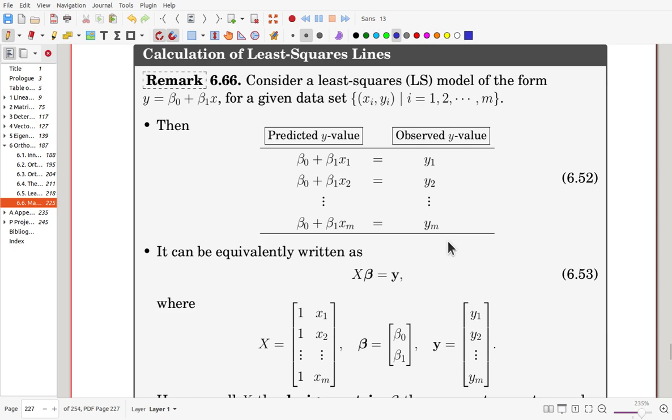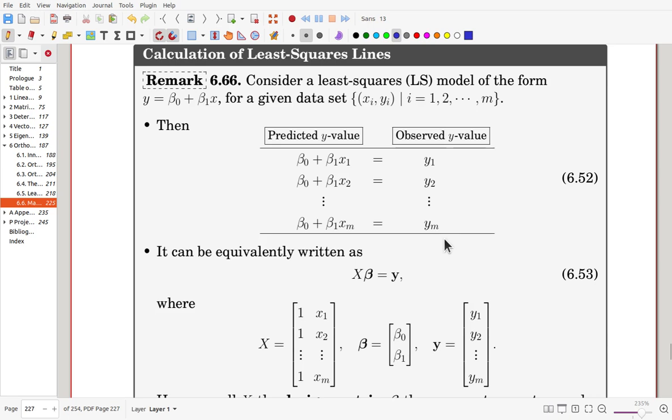These m equations can be written in this matrix vector form, where X has first column all 1, and the second column is the collection of x coordinates, and beta is the coefficients beta 0, beta 1, and y is the collection of y coordinates.